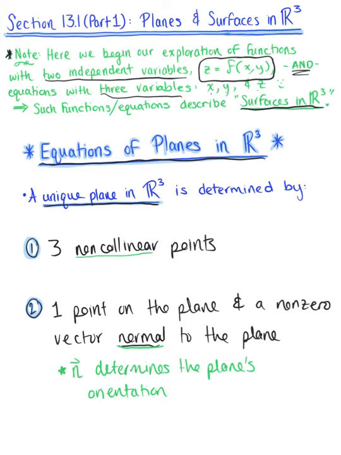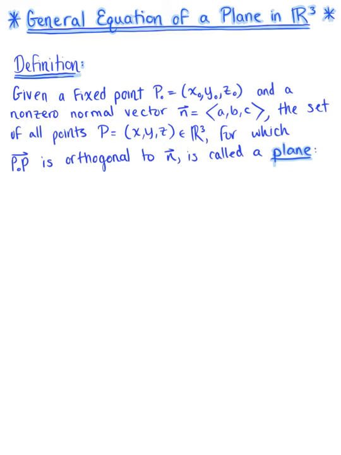So now that we have 2 different ways in which we can determine the plane, we need to establish the formal definition and then use this definition to derive the general equation of a plane in space. So here we go, the general equation of a plane in space. To begin, we need to establish the formal definition.